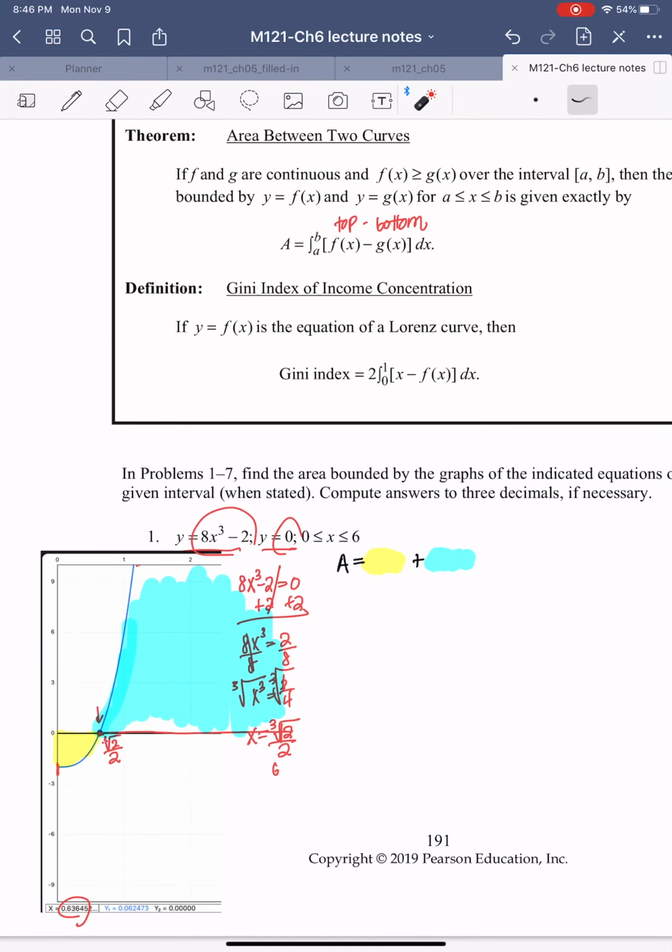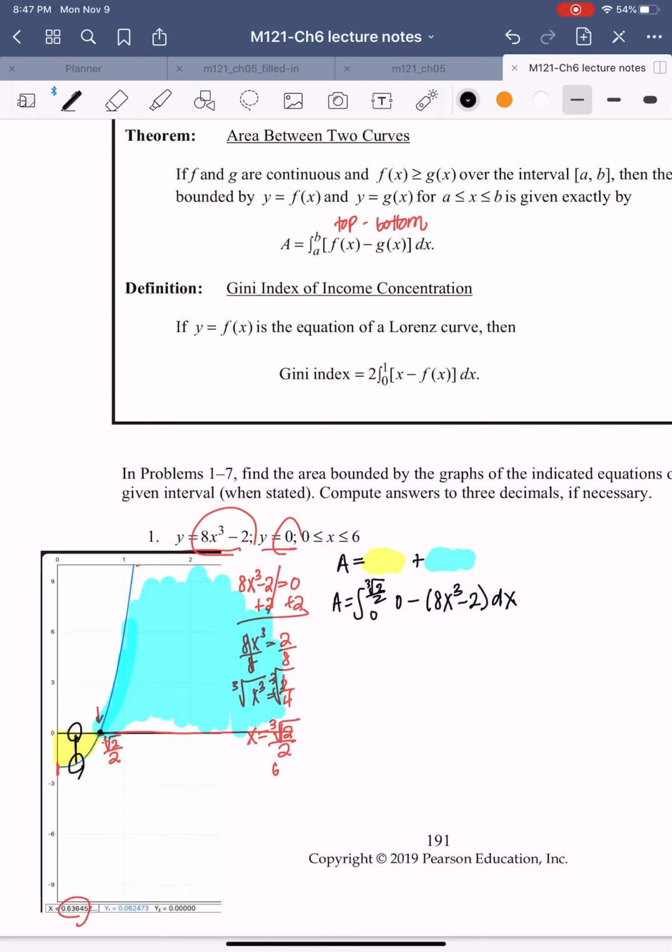So let's do the yellow one first. Let's focus on the yellow one. Remember, we want the top minus the bottom one. So the yellow one is from 0 to cube root of 2 over 2, right? Top is the black one, 0, minus the bottom one, so I have 0 minus 8x cubed minus 2 dx.